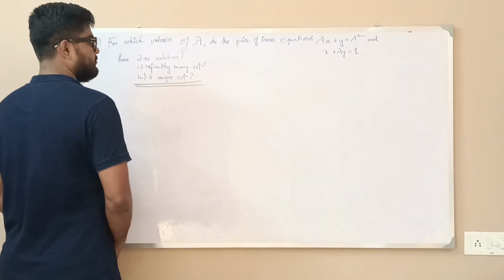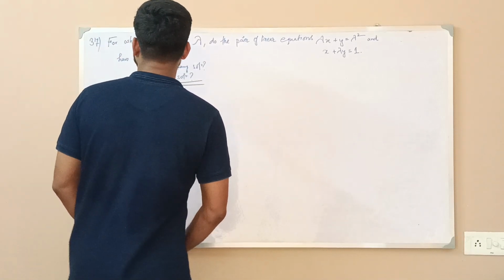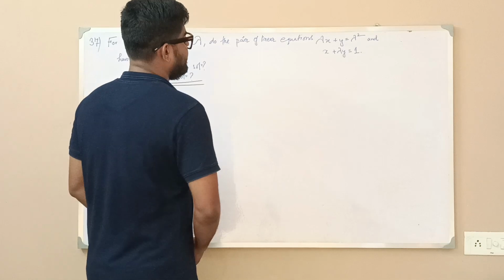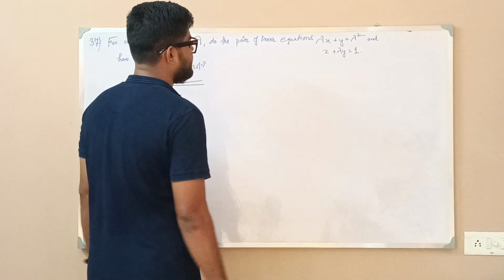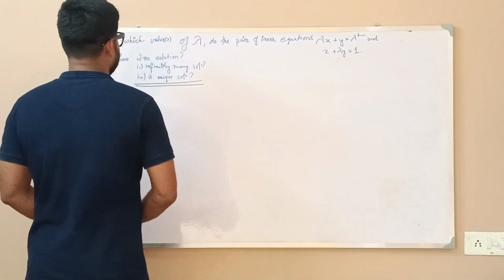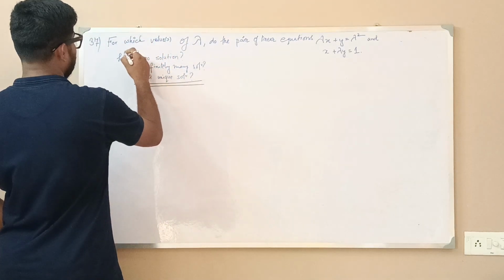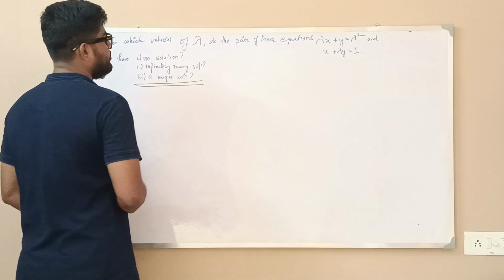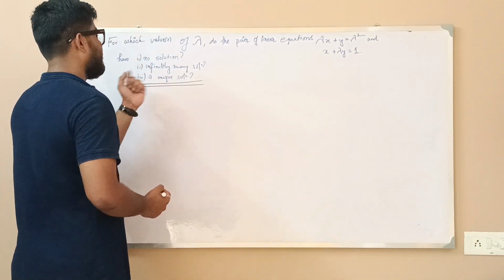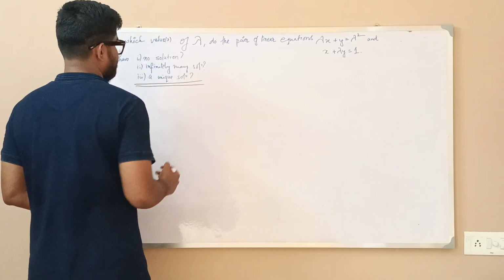Okay. Last but not the least, this is sum number 37, and I have already created a structure of this chapter for you, so it will be convenient for you when you practice these sums at home. So first, for which values of lambda do the pair of linear equations have no solution, infinitely many solutions, a unique solution? Okay.